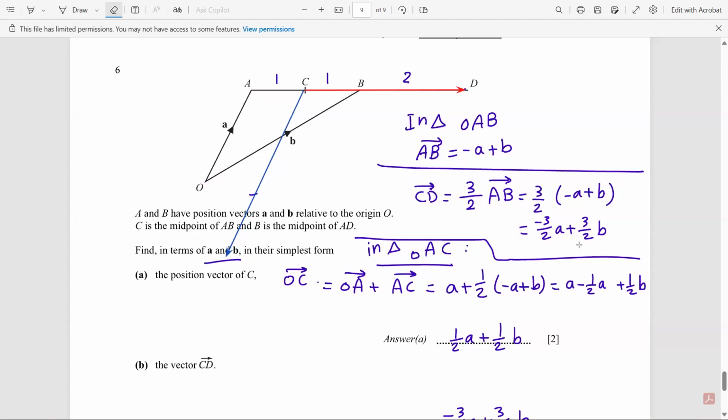This is negative 3/2 A plus 3/2 of B. This is B. If you go 1.5 times like this, you reach the point. This is the meaning of what we said now. This vector going down negative 3/2 A, and this one is 1.5 times the vector B. This B, for example, is 10, this is 15, like this, 1.5 times of it. This is the vector CD.